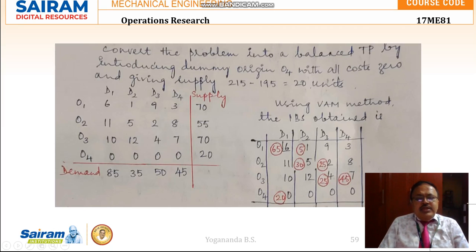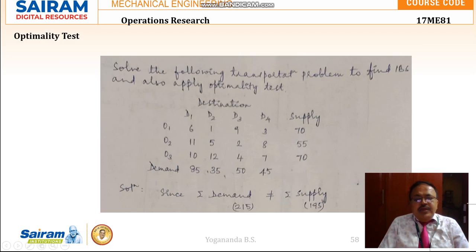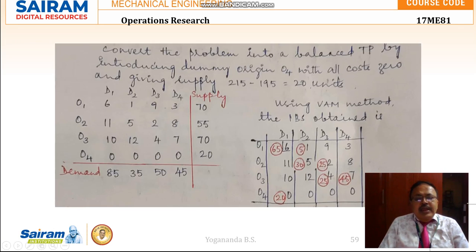It is the same as the original problem given. Now the difference of demand and supply is 20, so that will be added as supply here. Then using Vogel's approximation method, the initial basic solution is obtained here. The allocations were made like this.